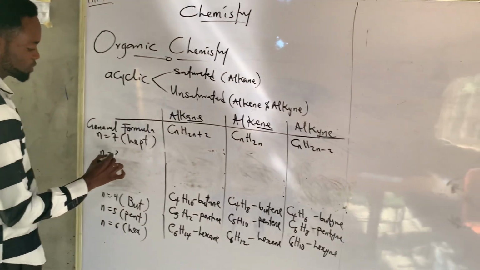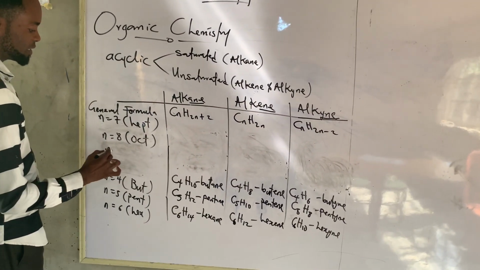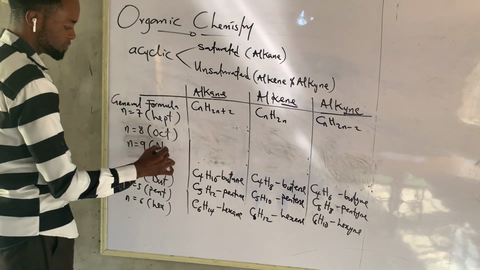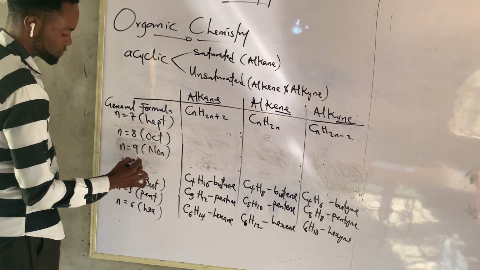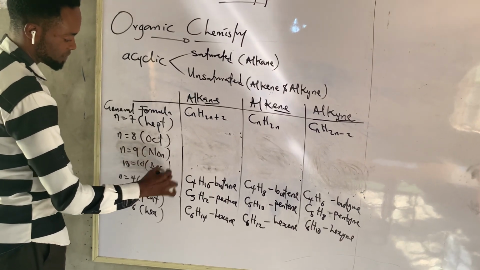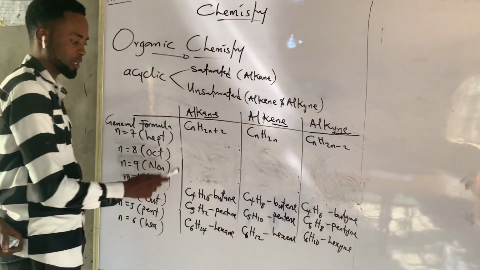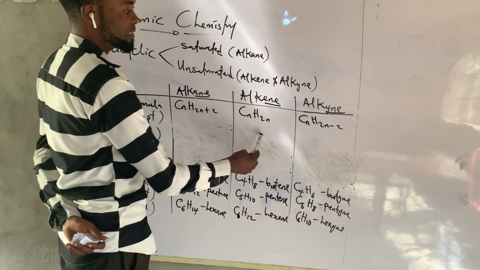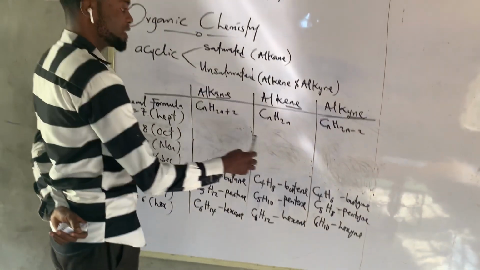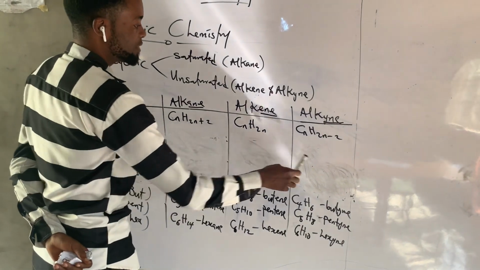When n is equal to 8, you have oct, like octagon. When n is equal to 9, you have non. When n is equal to 10, you have dec. So you can go ahead and fill in the names using this formula. So from here we'll be having heptane, heptene, heptyne, octane, octene, octyne, nonane, nonene, nonyne.